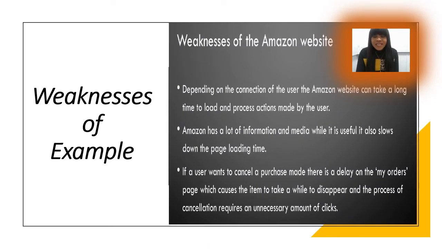So the weakness example for Amazon on here was that it's very difficult because the thing about websites that you need to note is that if it's a larger corporation, so a larger business, it means that they will have more resources, they will have more money to spend on their website.